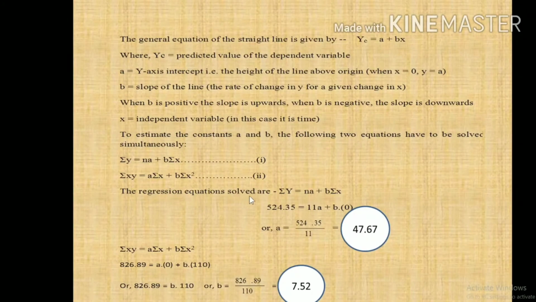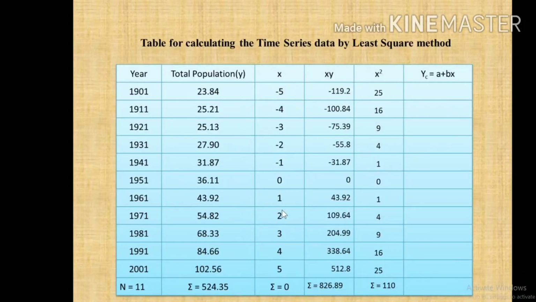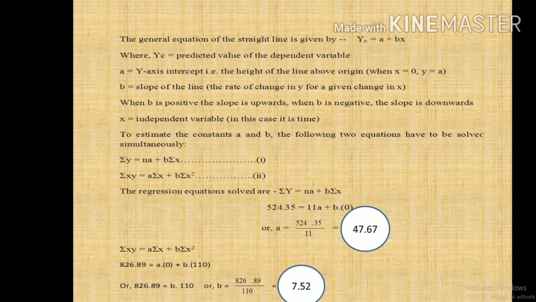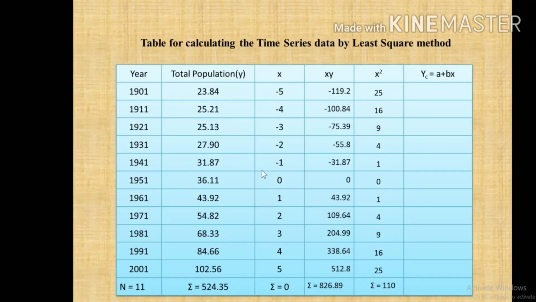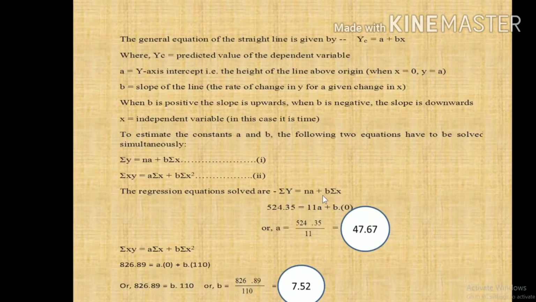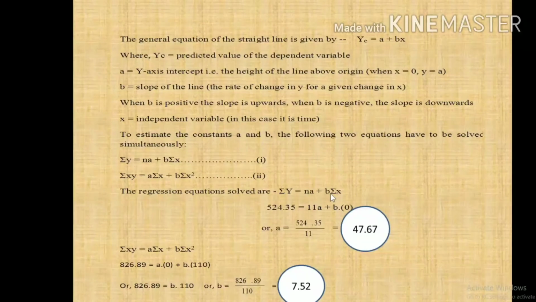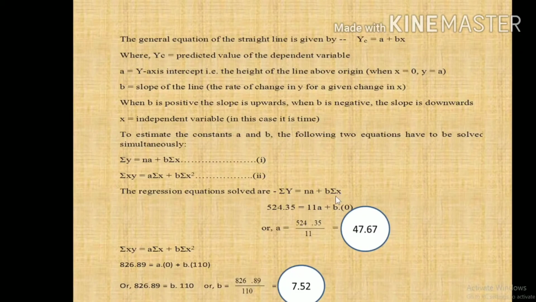The regression equations solved are, the first equation, that is summation y equals na plus b summation x. Putting the value of summation y, that is 524.35, and the number n, the number of observations, that is n equals 11, plus b into summation x.